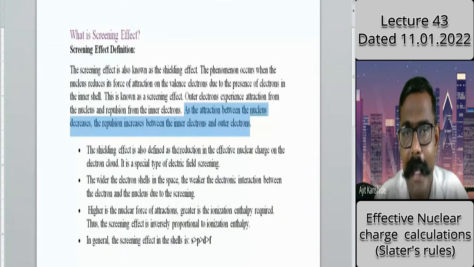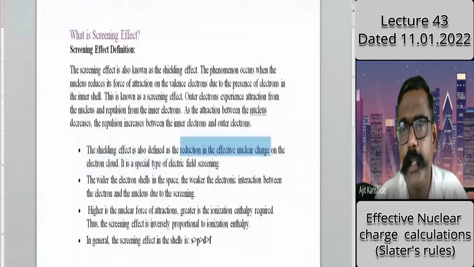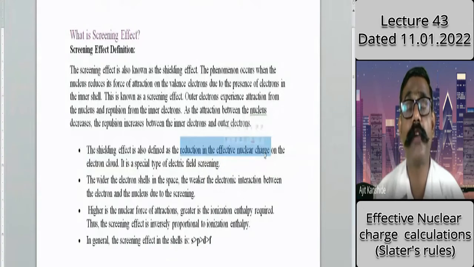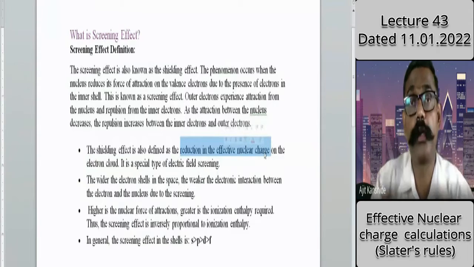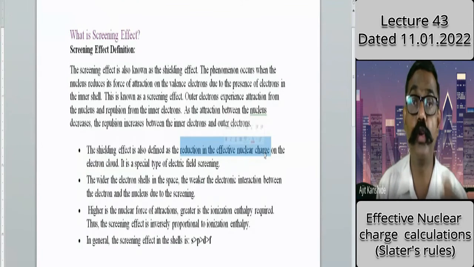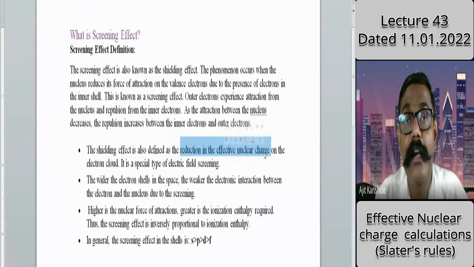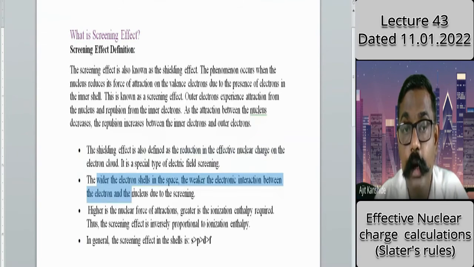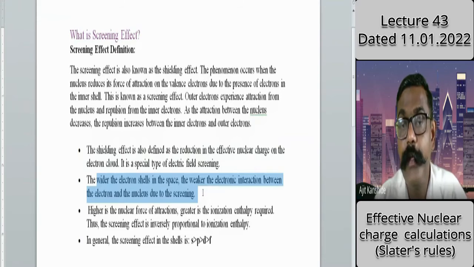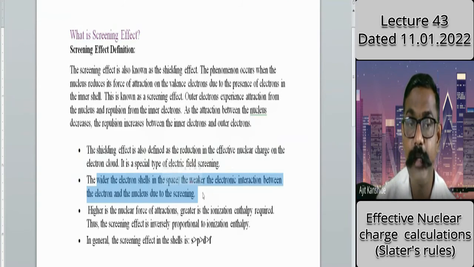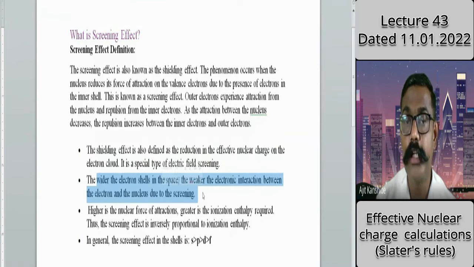It is defined as the reduction in the effective nuclear charge, means whatever the force or power was expected from the nucleus by the electron, that reduction is there, that decrease is there. That effect is called the screening effect. Wider the electron shells in the space, the weaker the electronic interaction between the electron and the nucleus due to screening.